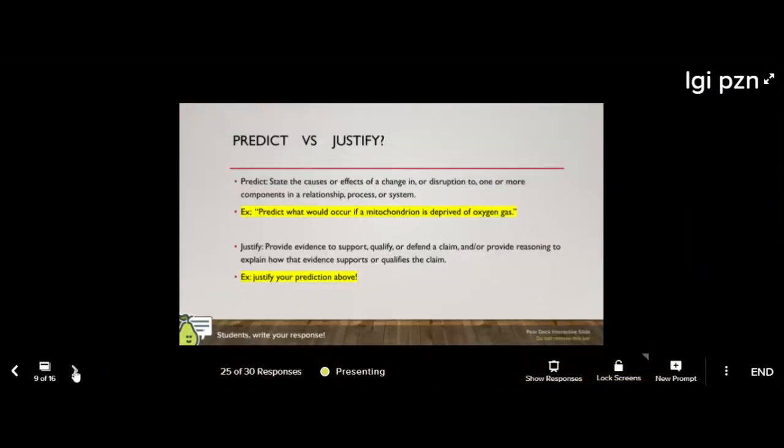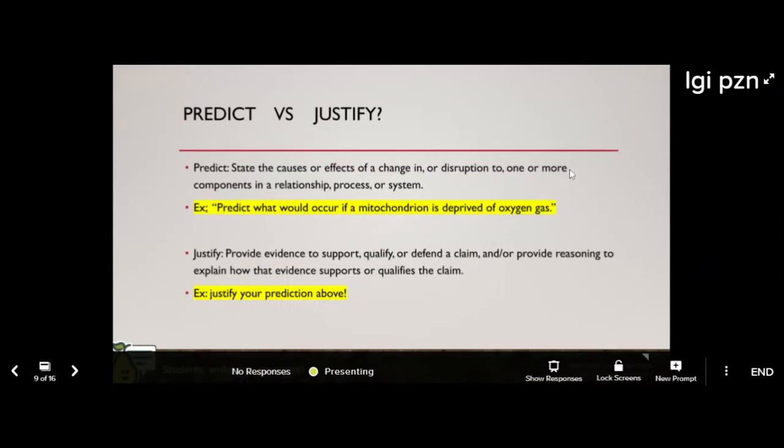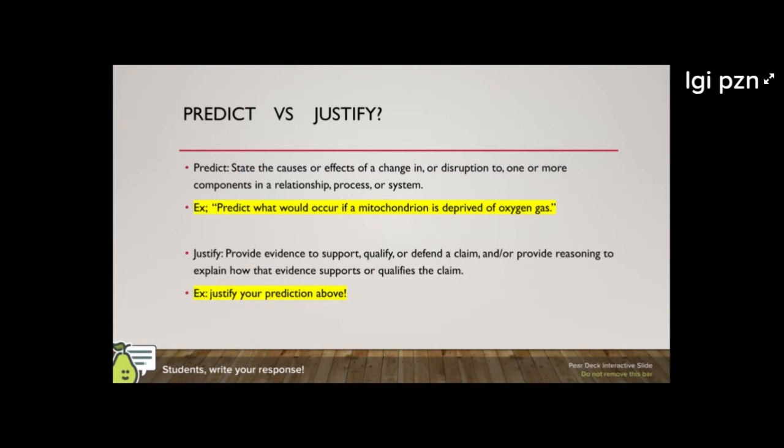Okay, let's try another one. Predict versus justify. When you're predicting, you're stating the causes or effects or a change in or disruption to one or more components in a relationship. Boy, does that sound like a clackety-clack definition. All right. If they ask you to predict something, actually predict something.